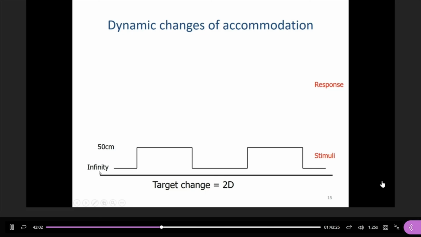This is when you present the object at infinity, like a distant object, for some time, and then you change to a near object presented at 50 centimeters. At 50 centimeters, you expect the accommodation stimulus to be about 2 diopters, because 1 divided by 0.5 is 2 diopters. Then, for some time, back to a distant object, and then back to the near object.